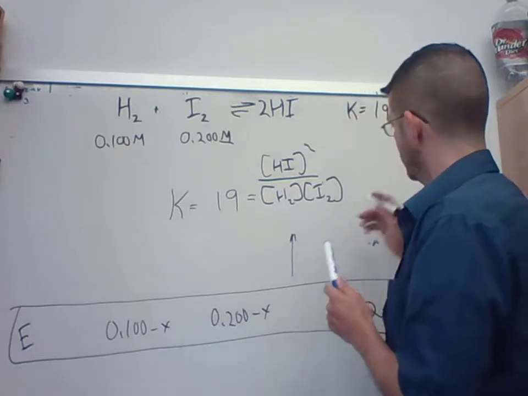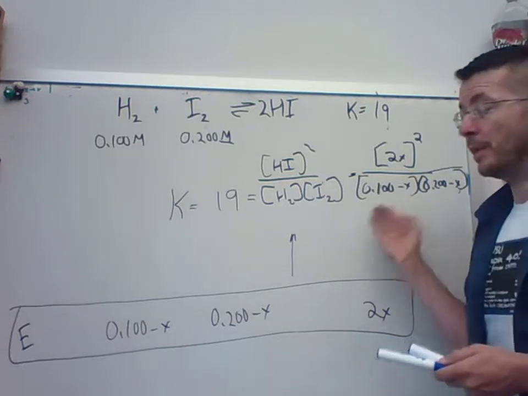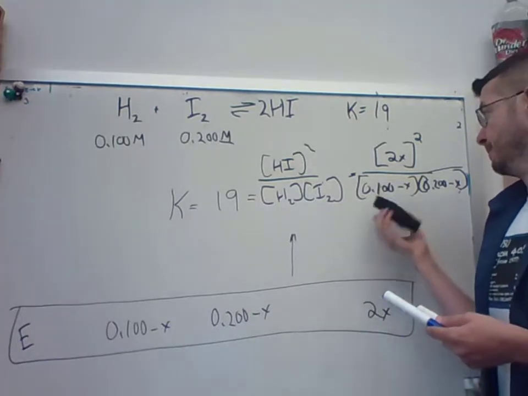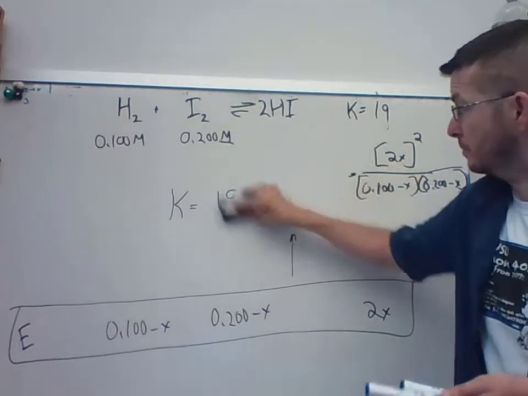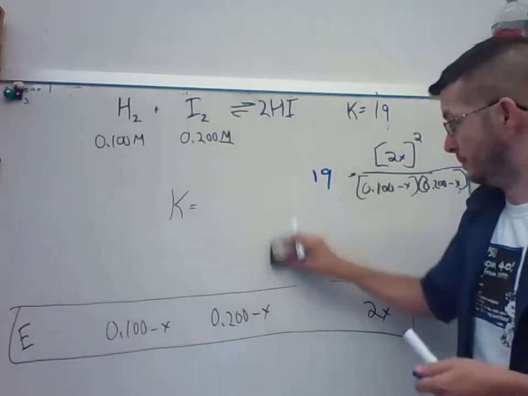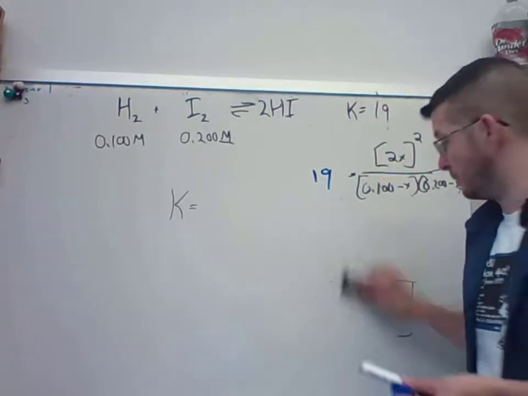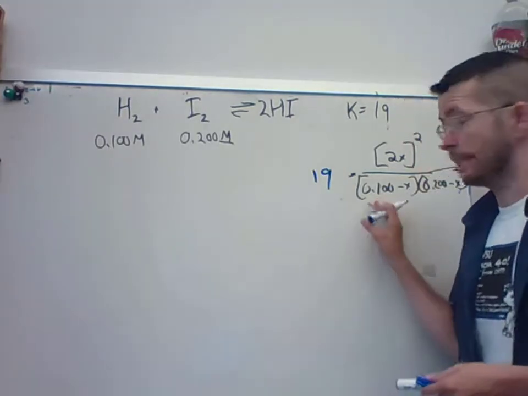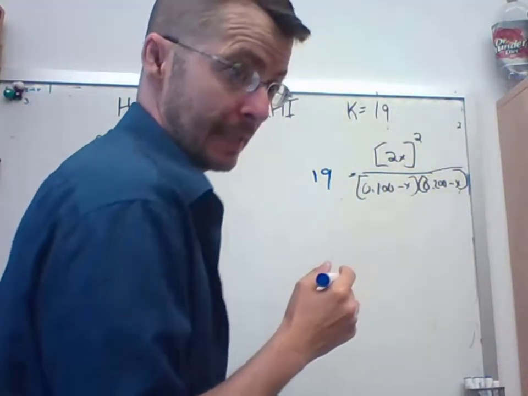Once we do this, you get a form where 19 is equal to (2x) squared divided by (0.1 molar minus x)(0.2 molar minus x). Now all we have to do is a little bit of algebra magic, and out comes an answer. If we can rearrange this and solve for x, we're good.